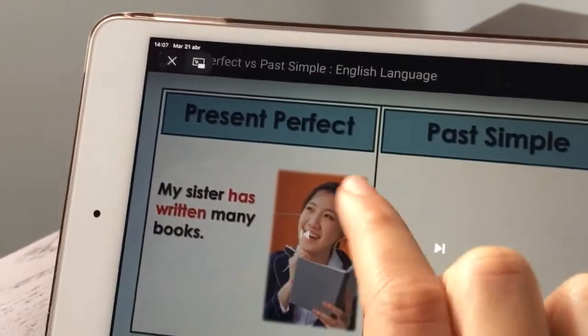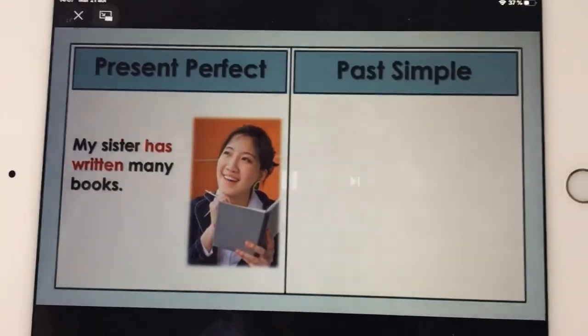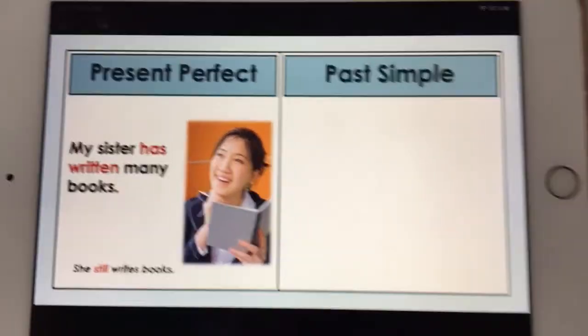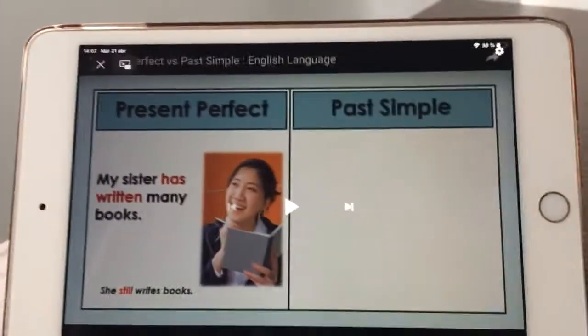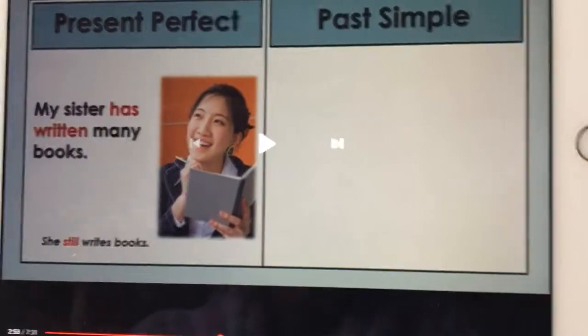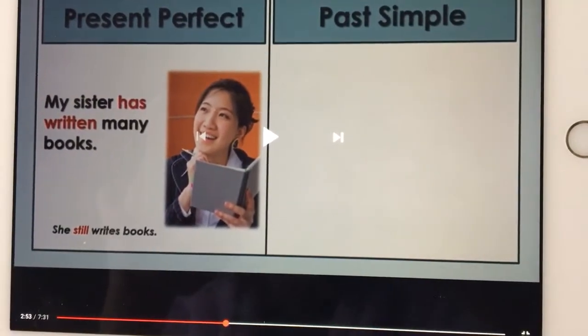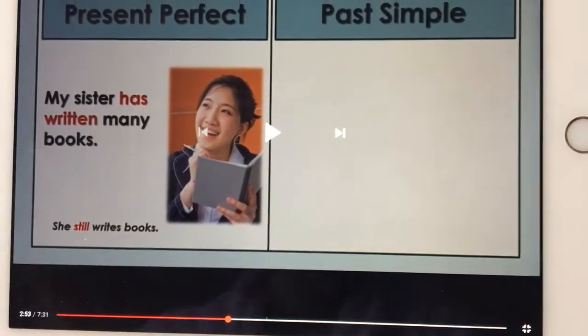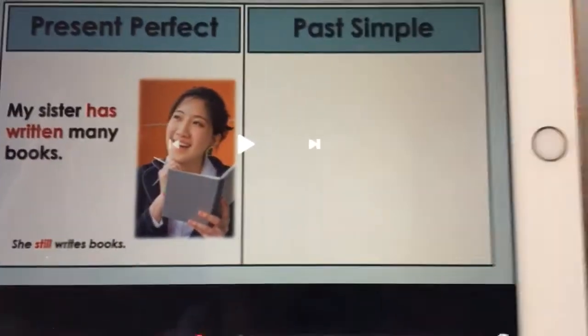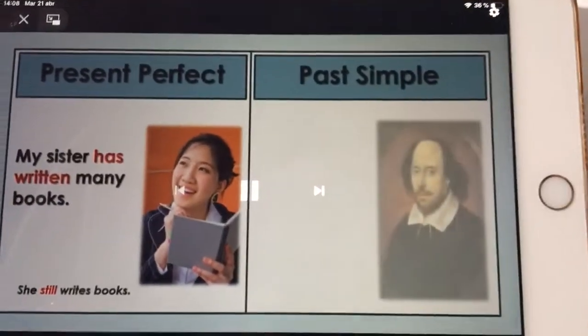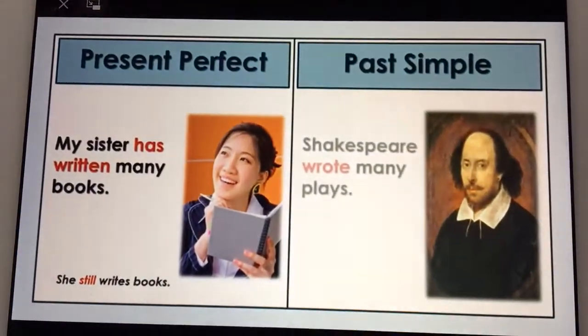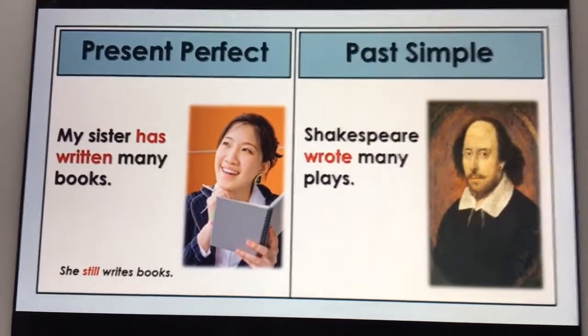And here, for example, we've got, my sister has written many books, okay? She's still writing books, or she will at some point. So she has written many books because she might continue writing books. Whereas in the past simple, I can say, Shakespeare wrote many plays.